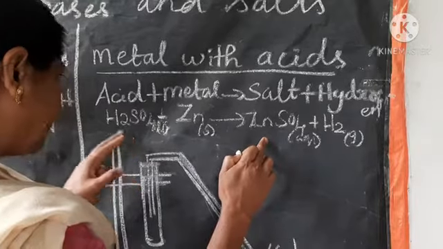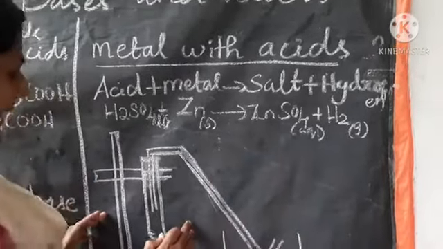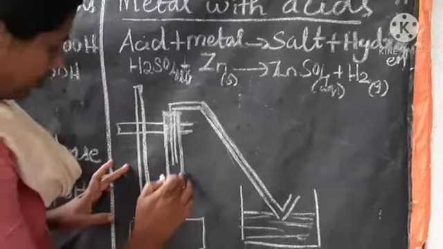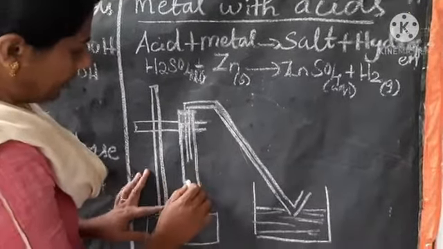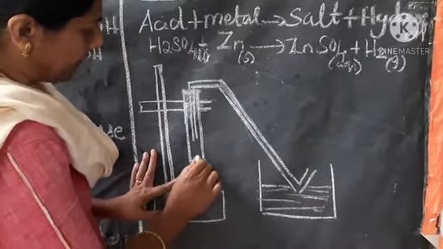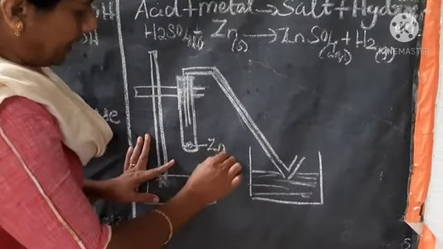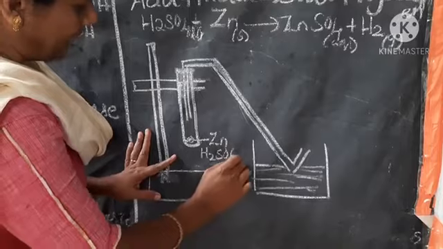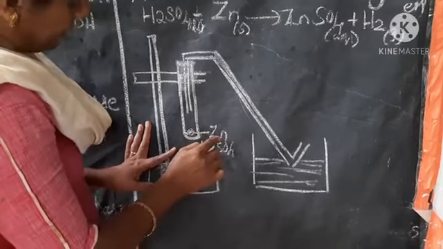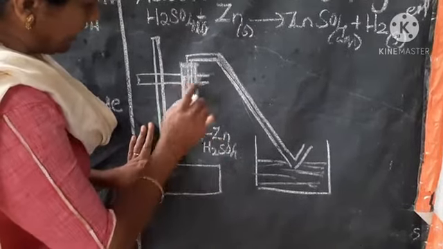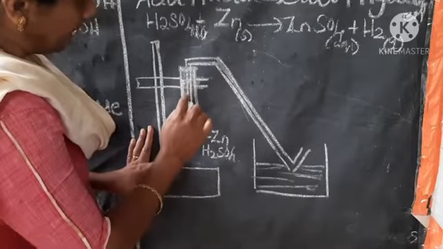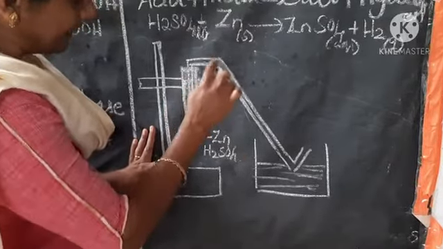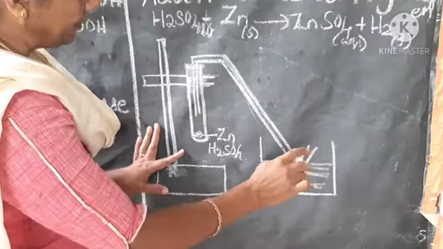So this is an experiment. Take a test tube, put a few pieces of zinc and add some amount of sulfuric acid to the zinc. Cover the test tube with a rubber cork and insert a delivery tube.